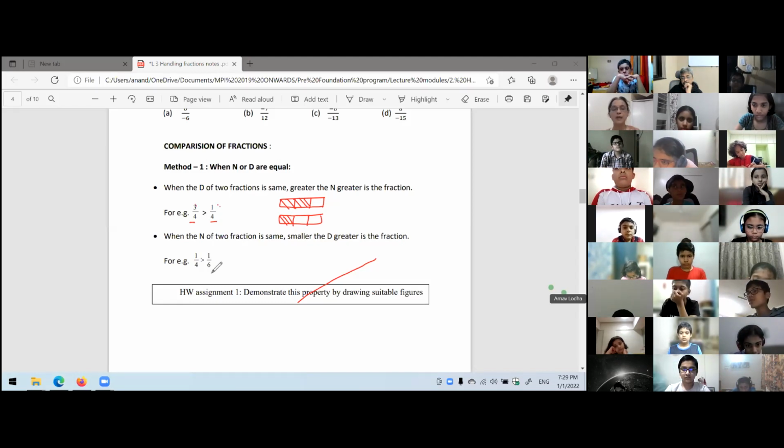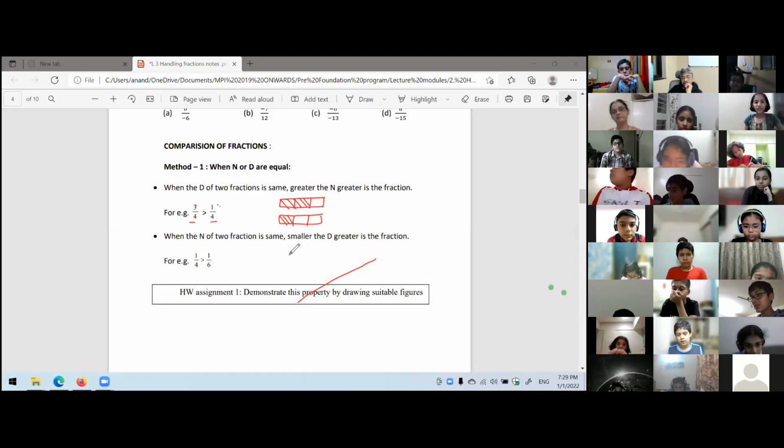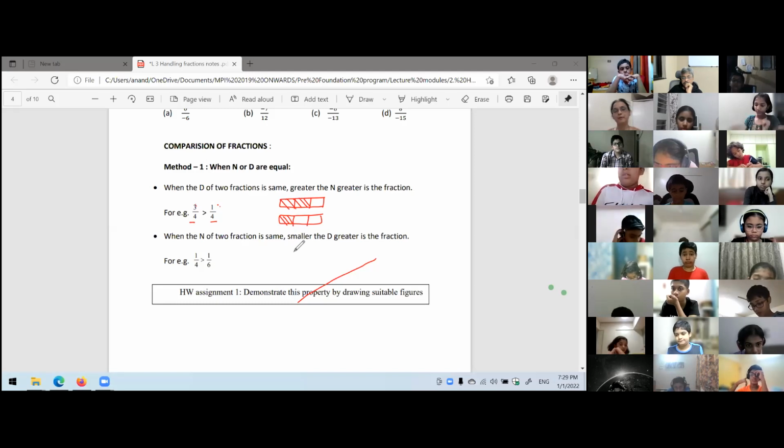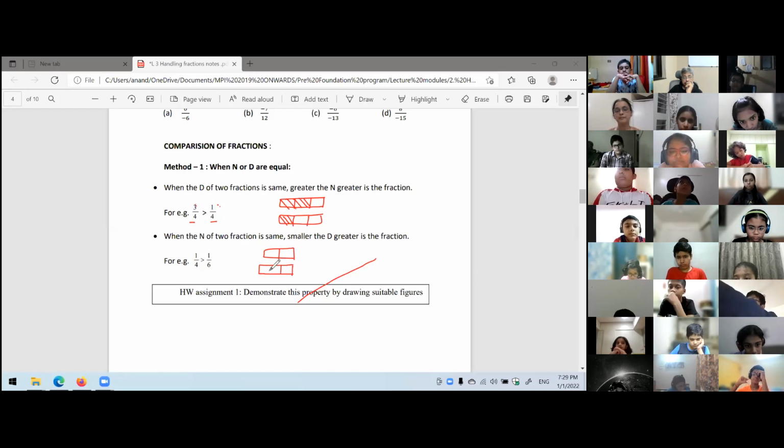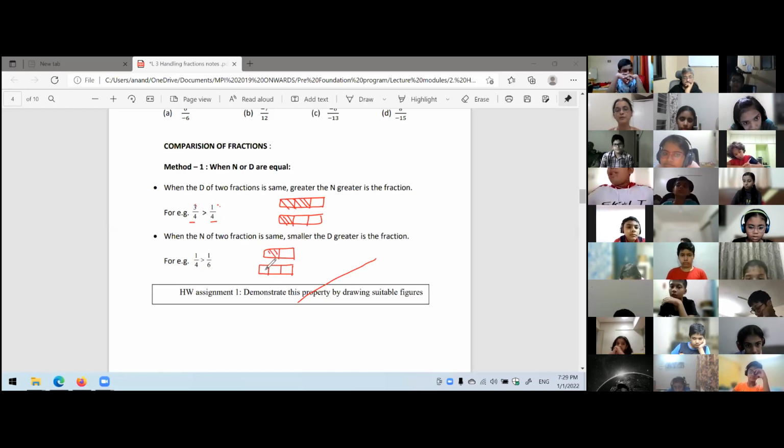Now when N is same, so one whole I'm making 2 parts and one whole I'm making 3 parts. Denominator is different. And I'm taking one part out of this and one part out of this, which is bigger?